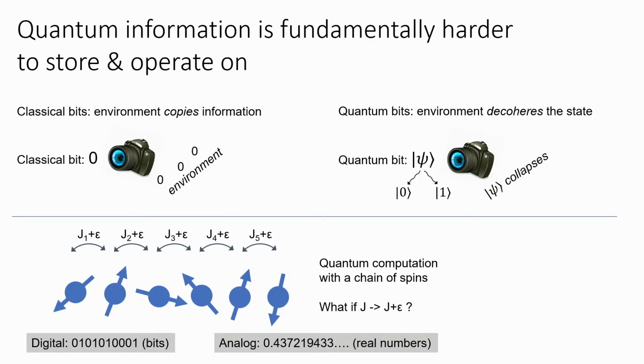This is not a robust way of doing computation. I am not an expert on complexity theory, but it is my understanding that analog classical computers are strictly more powerful than quantum computers, because they can represent continuous real numbers, which is a much more efficient way of representing information.